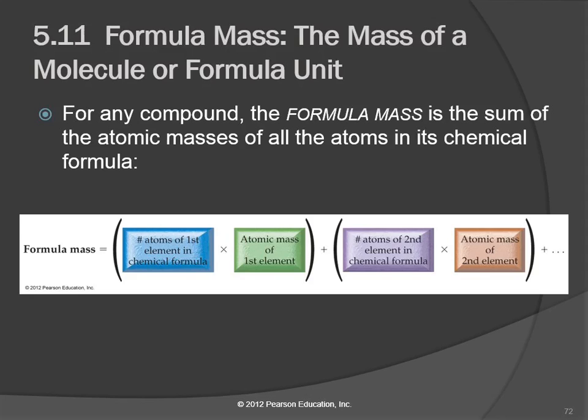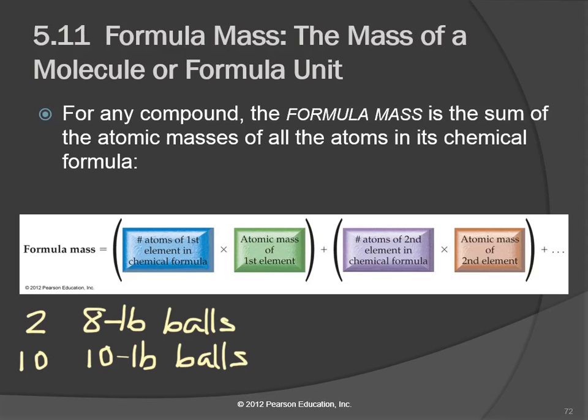Let's make up an example here. If I had a box that had 2 8-pound bowling balls and 10 10-pound balls, a box of bowling balls, why? I don't know. How would we find the mass of the box?